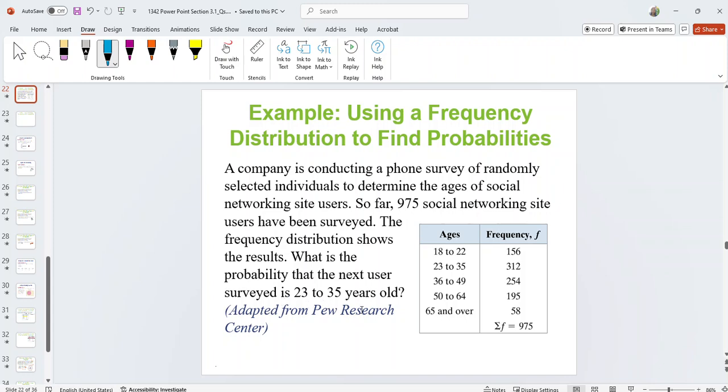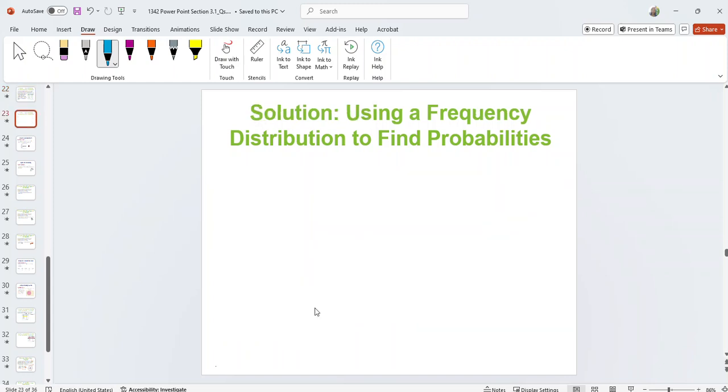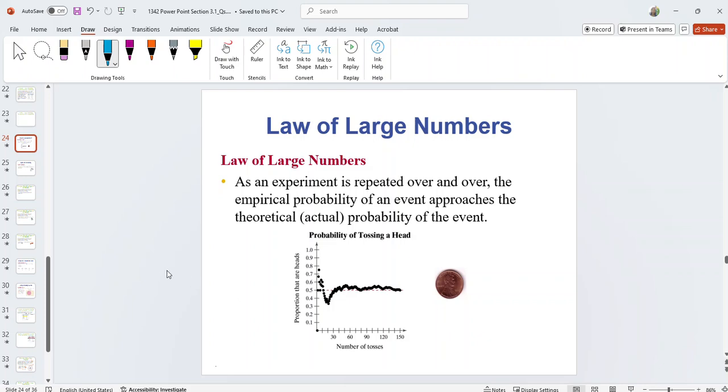All right. And this is the law of the large number I was talking about earlier, right? If you repeat this experiment over and over again, and the number of trials gets really big, this empirical probability gets very, very close to the theoretical or classical probability.